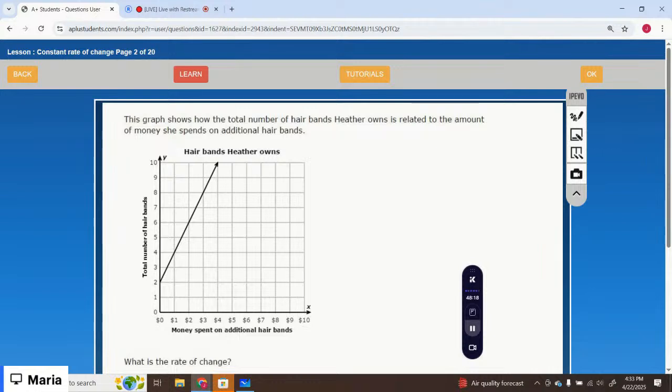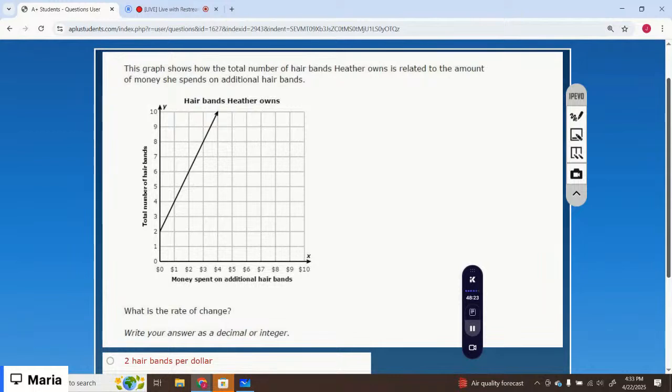The graph shows how the total number of hair bands Heather owns is related to the amount of money she spends on additional hair bands. What is the rate of change?